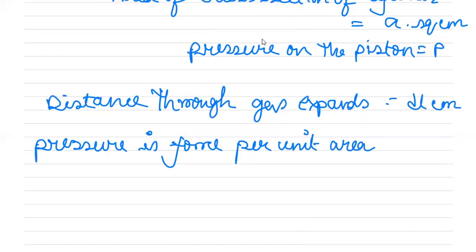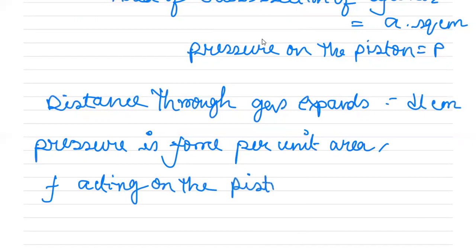That means the force F acting on the piston will be F equals pressure into A. A is what? The cross section area of the cylinder.